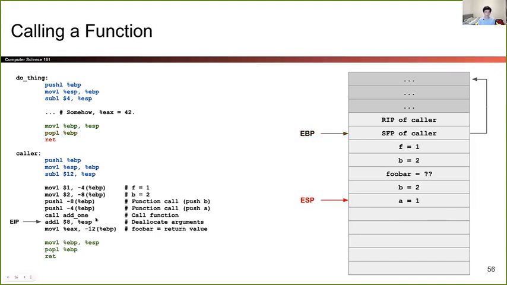The EIP gets restored to where it should be after we've called the function, and the ESP moves back up by 4. So the function prologue and the function epilogue are very closely related. Basically, anything that you do in the function prologue to allocate space, to change registers, you have to undo in the function epilogue. Does that kind of make sense?